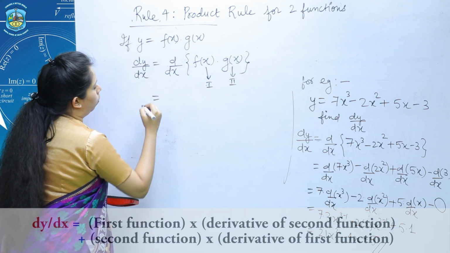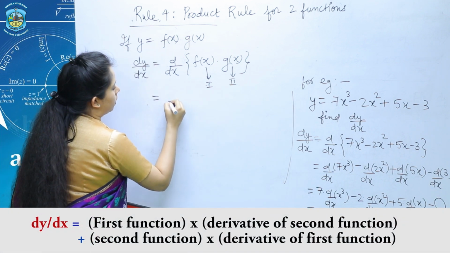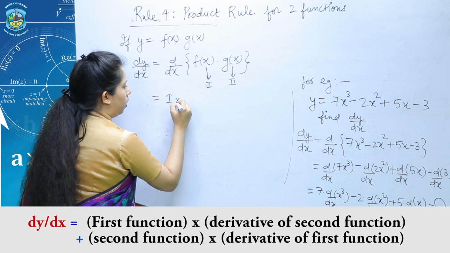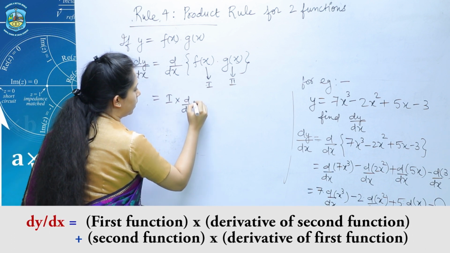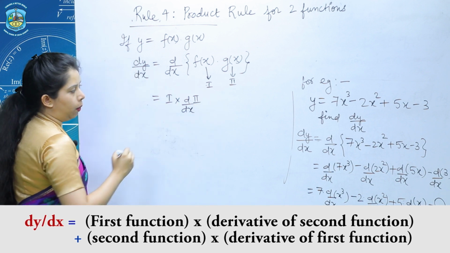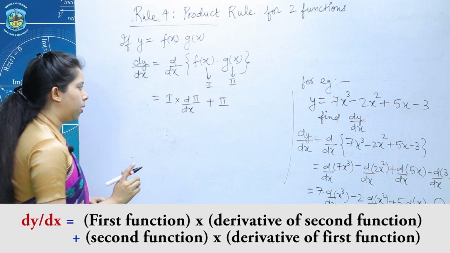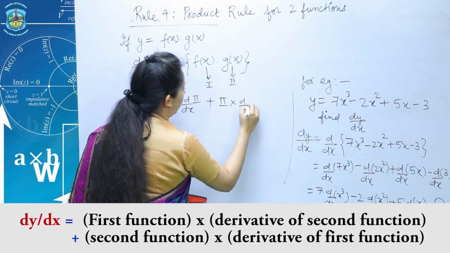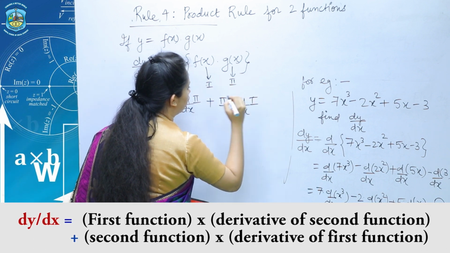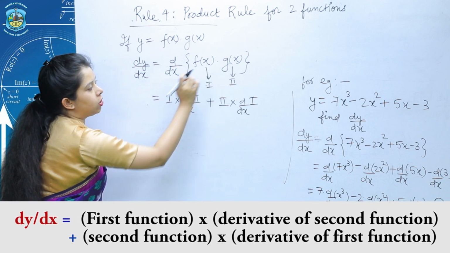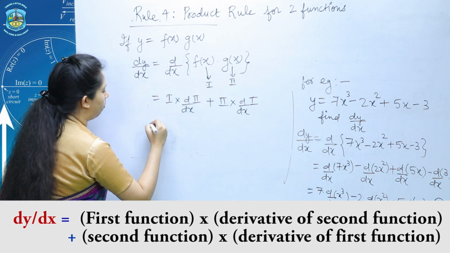According to the rule, the first function is kept as it is, into the derivative of the second function, plus the second function is written as it is, multiplied by the derivative of the first. So I can replace first and second by f of x and g of x, and we will get the final formula.